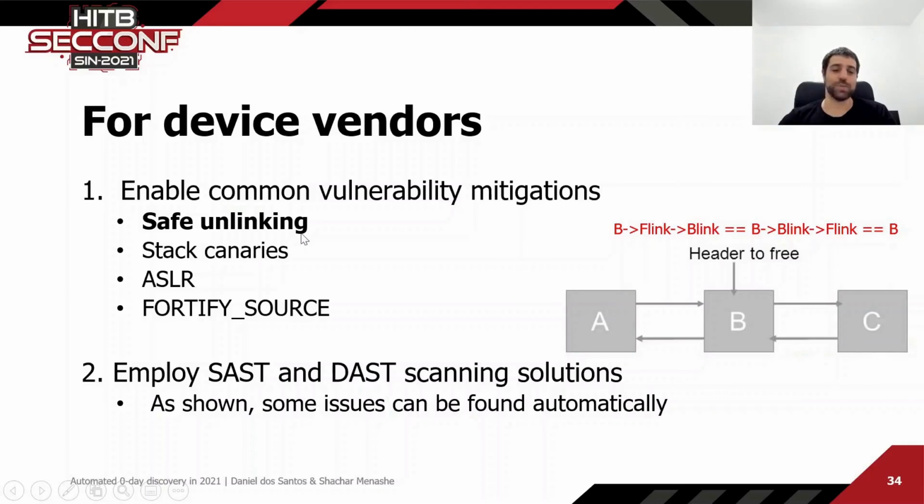Also, as always, static analysis and dynamic analysis scanning solutions. As you can see, for example, our static analysis solution found this issue. So it just goes to show that these issues definitely can be found with static and dynamic analysis, fuzzing, etc. And we highly recommend those.